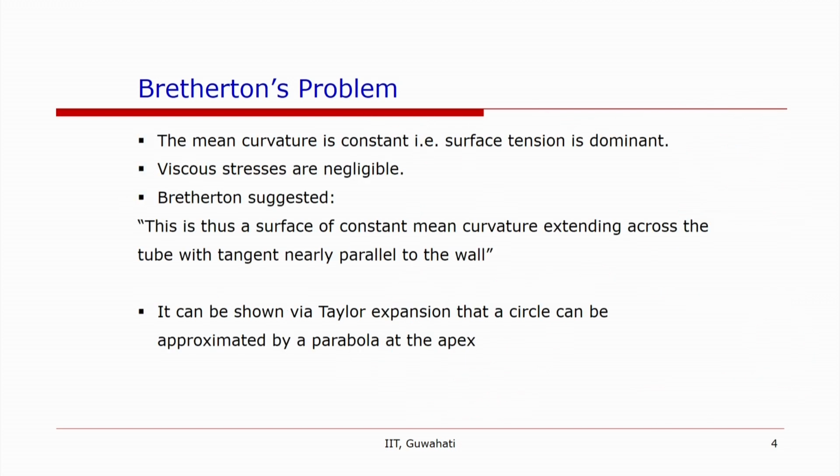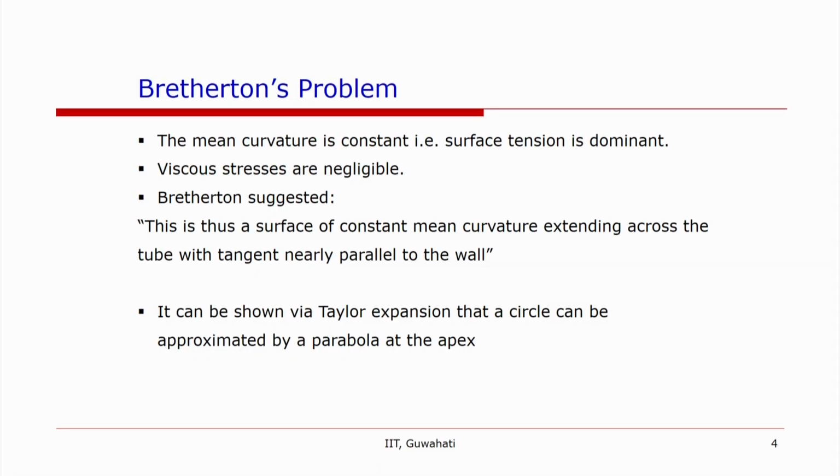That means the surface tension is still the dominant force, because if the surface tension were changing, that change would be brought about by the viscous stresses. So in this region the curvature is constant, which means surface tension is dominant, and the viscous stresses are still negligible. For this, Bretherton suggested that this is a surface of constant mean curvature which extends across the tube with tangent nearly parallel to the wall.